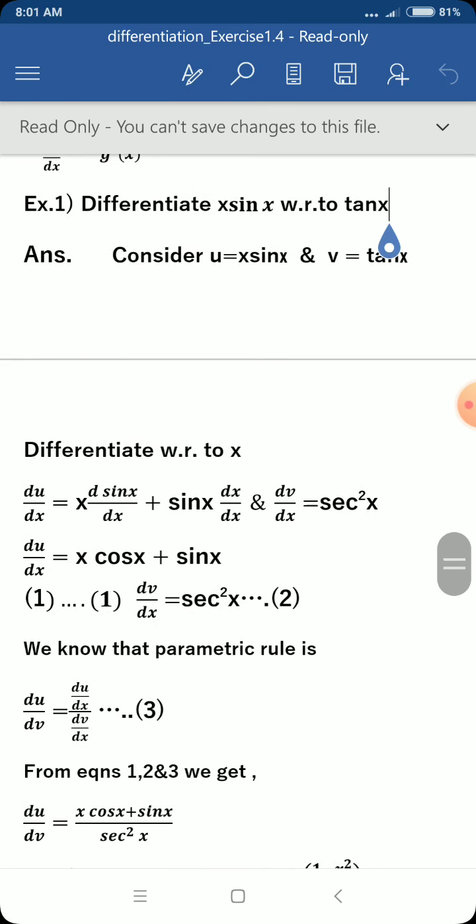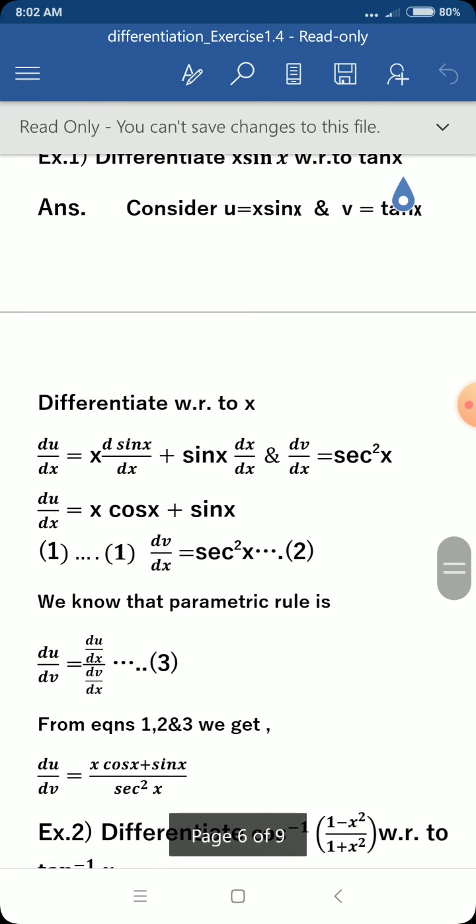That is, first function as it is, derivative of second function, plus second function as it is, derivative of first function. Therefore, we get du upon dx equal to x into derivative of sin x, which is cos x, plus sin x into derivative of x, which is 1. Therefore, du upon dx equal to x cos x plus sin x. Call this equation number first.